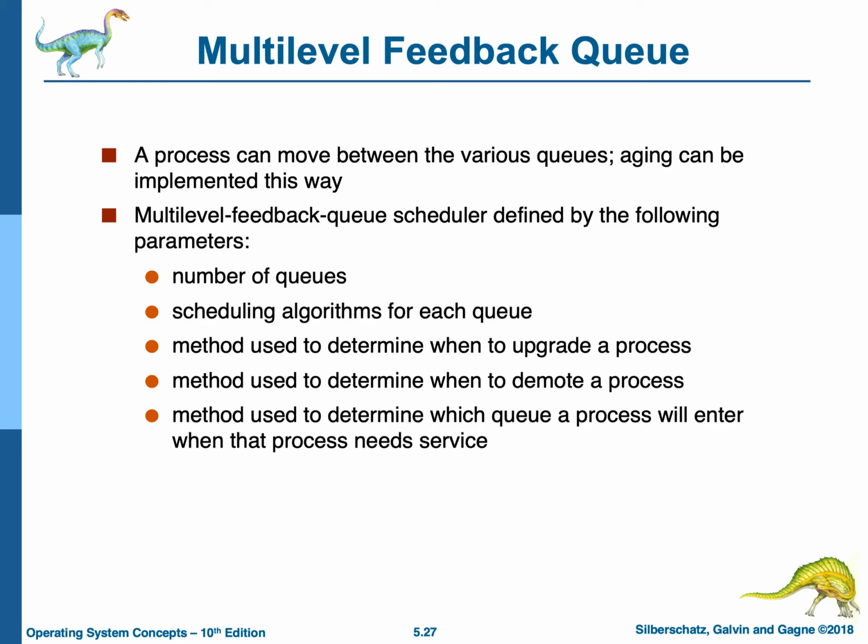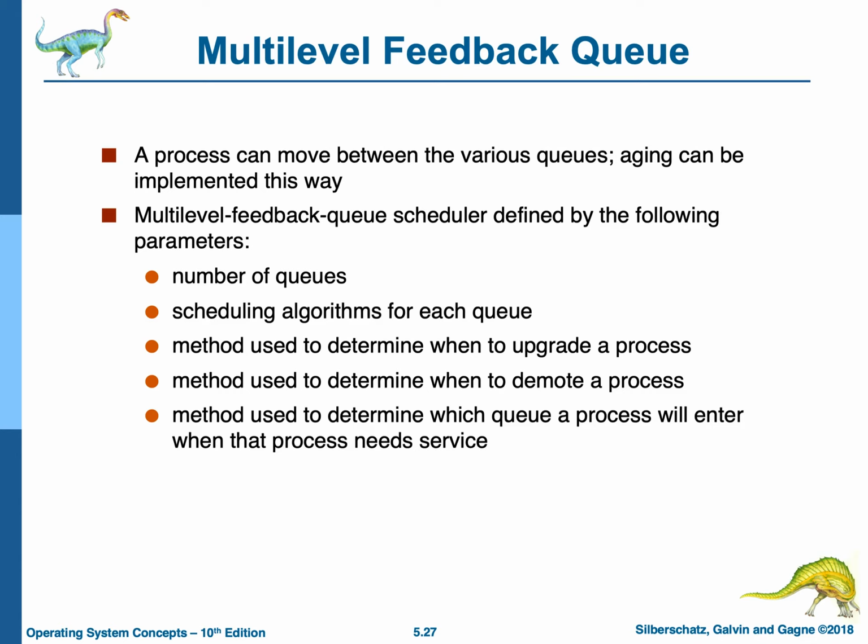Then we also have multi-level feedback queues, where a process can move between different priority queues, which means that, for example, we have multiple queues, and a job, if completed in Q1, then it's fine. If not completed, then it will go to Q2, and then it will go to Q3, right?